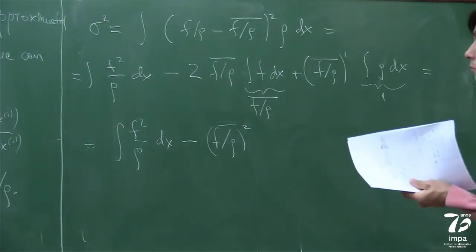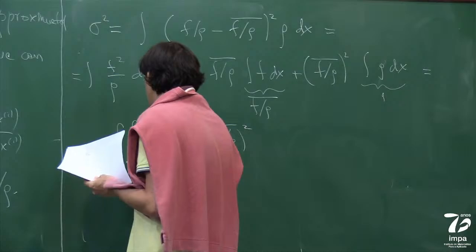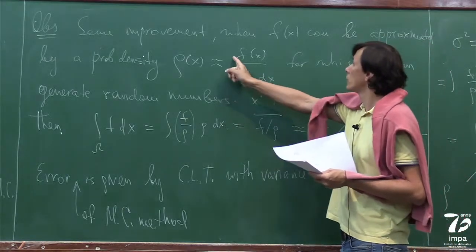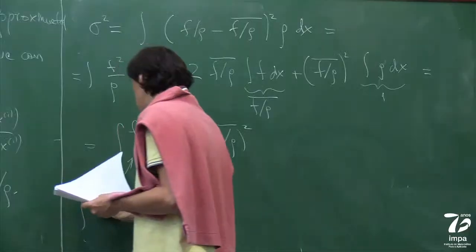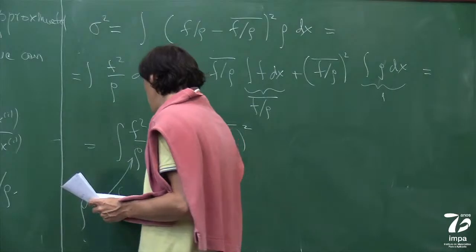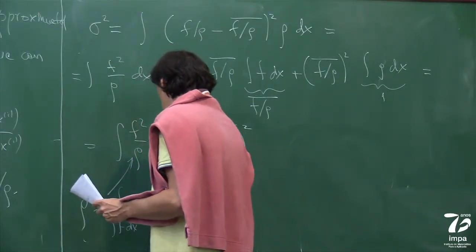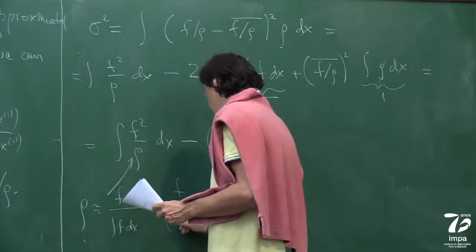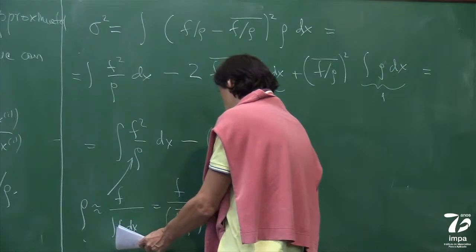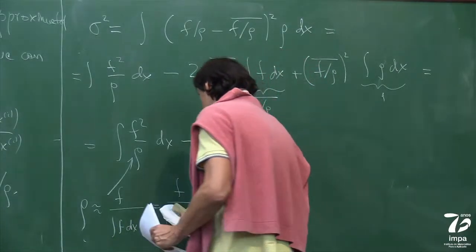Okay, now we substitute here that rho is approximately f divided by the integral of f, which is f divided by, again, if this is f over rho, just f over rho, right?